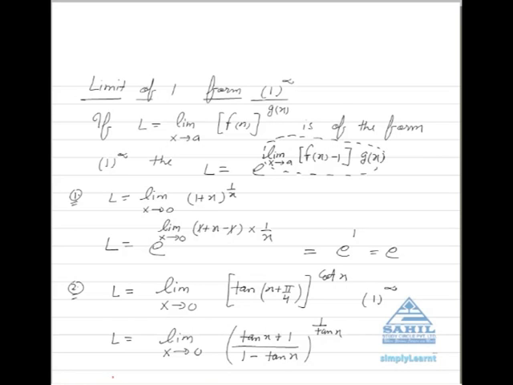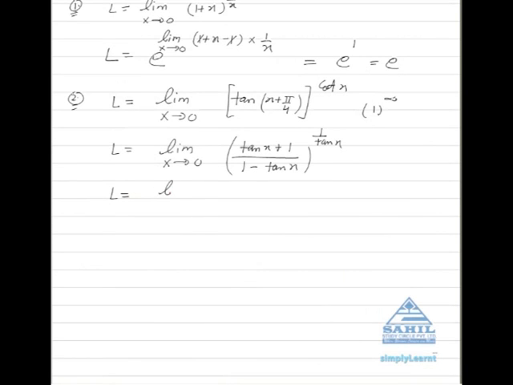So L equals limit x tending towards 0 of ((tan x + 1)/(1 − tan x) − 1) into 1/tan x, and the whole thing is in the power of e.